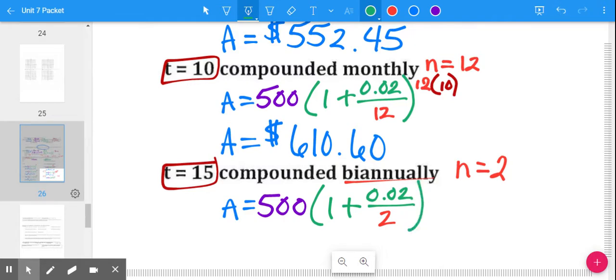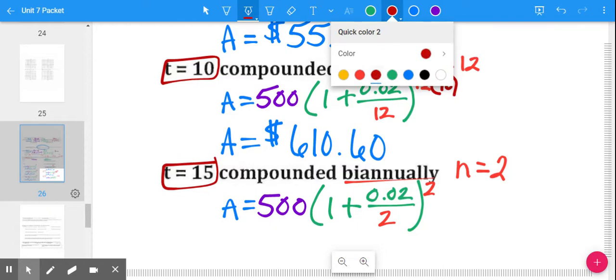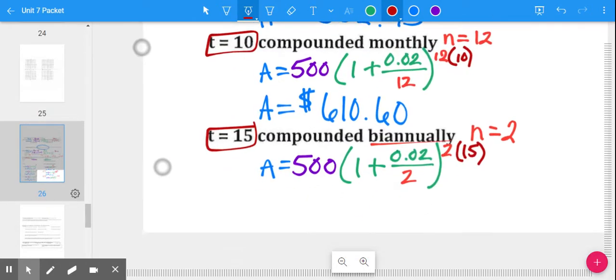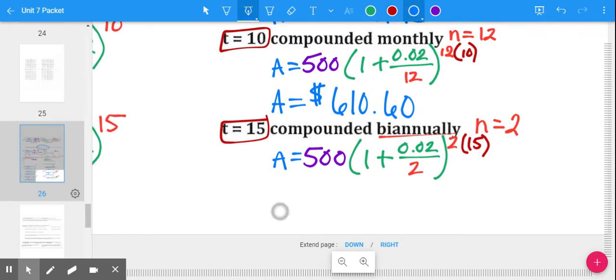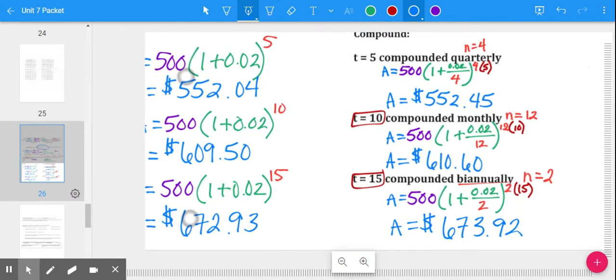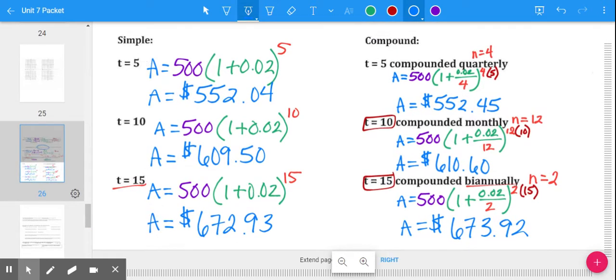And then the exponent is n times t, so 2 times 15. So when you plug this straight into the calculator, you end up with $673.92.